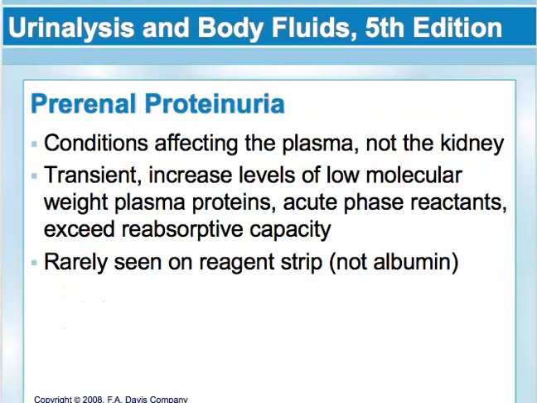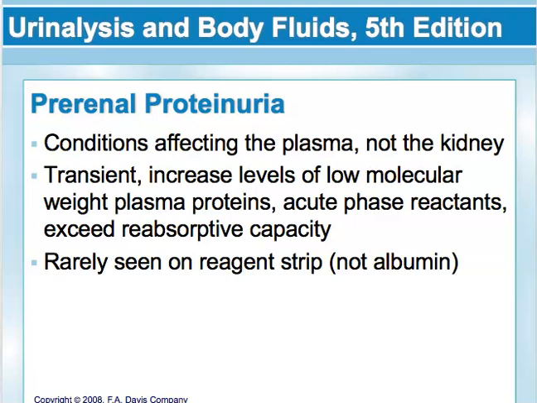So pre-renal proteinuria is caused by conditions affecting the plasma prior to its reaching the kidney. So it's not actually indicative of renal disease. The condition is frequently transient and is caused by increased levels of low molecular weight plasma proteins associated with infection and inflammation.